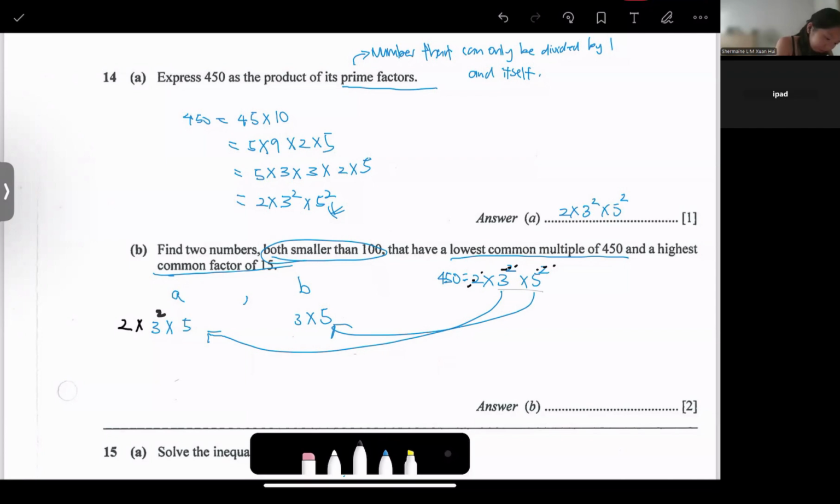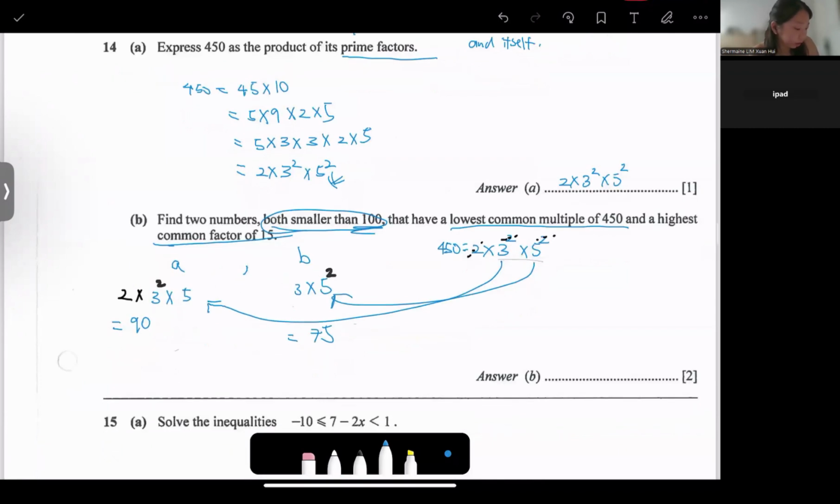So, square. This will become 90. Square. This will be 75. And both numbers fall below 100. So the answer would be 75, 90.